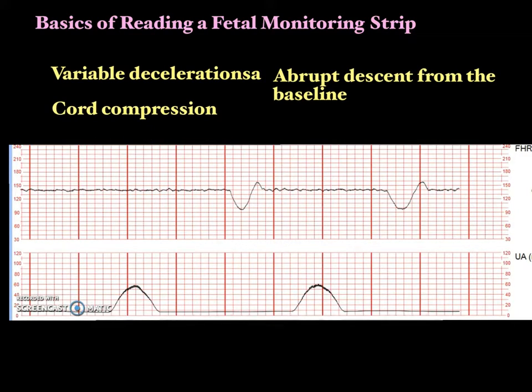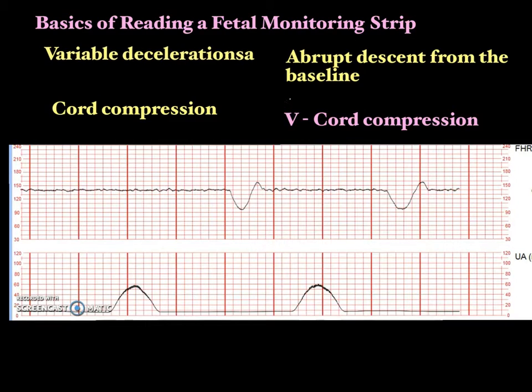I'm not going to explain it, but it has to do with the fact that you have 3 vessels, and as one gets compressed, the heart rate sometimes speeds up, but you get that decel, and then as the cord compression releases, you get that shoulder. Sometimes you'll have shoulders on both sides, but anyway, it doesn't matter. A variable decel is from cord compression, and it looks like a V, a U, or a W. So we're going to make V, let's see. We're going to think about cord compression for variables, okay?